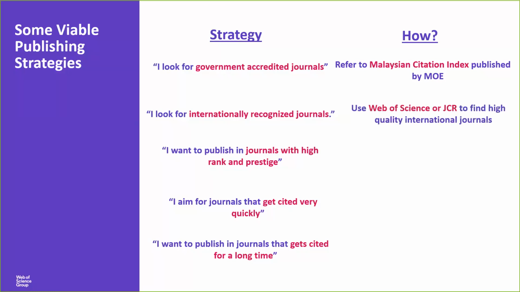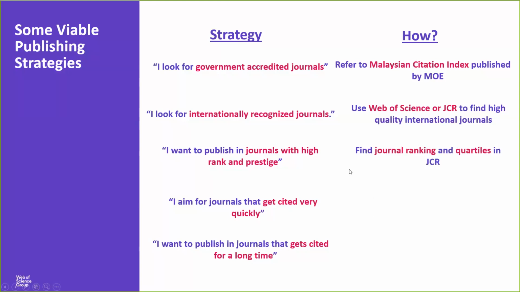Okay, so journals that are indexed in Web of Science are considered international journals, okay, because they are read by an international audience. Okay. Now, later on, I will be explaining to you the differences between journals indexed in the Web of Science, okay, and also journals indexed in JCR, whether they are the same or different.